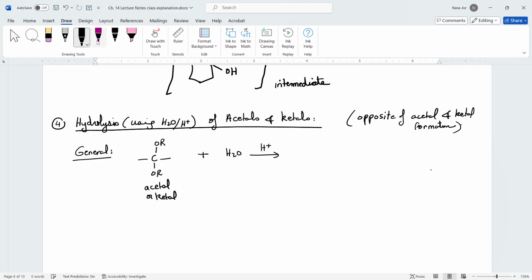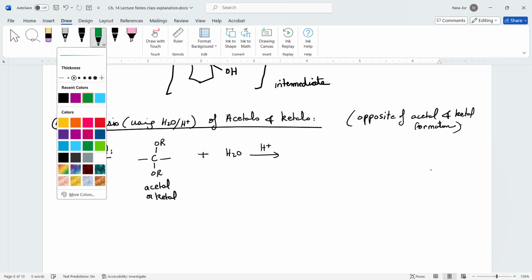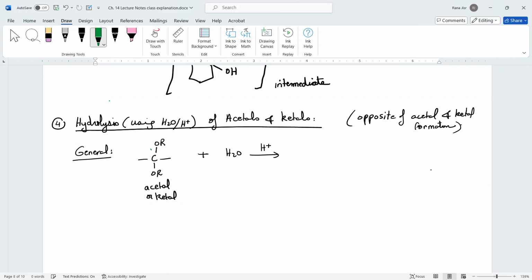And in this type of reaction, since you're doing hydrolysis, you are breaking the C-O bond. So you're breaking those two C-OR bonds. These are the bonds of the acetals and the ketals.